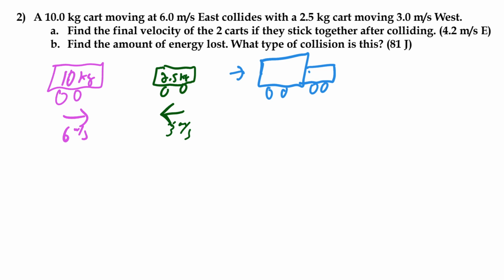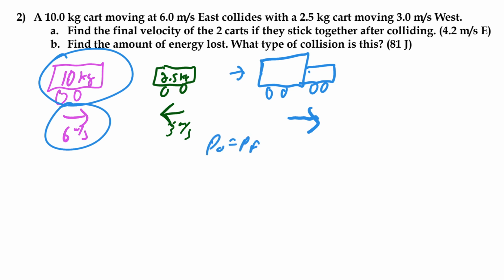Now the direction should be kind of obvious to you. This one is bigger and it's faster, so that means it has more momentum to start with, so the final momentum should also be to the right. So anyways, we'll just set up our P initial equals P final. The first one has a momentum of 10 kilograms times 6 meters per second.